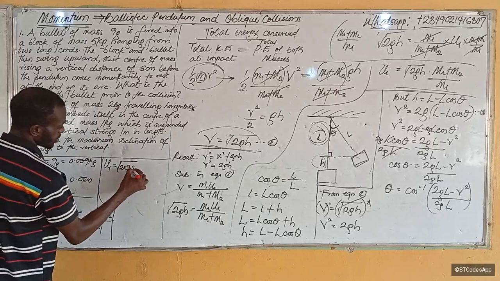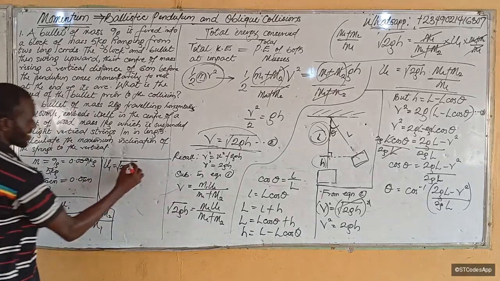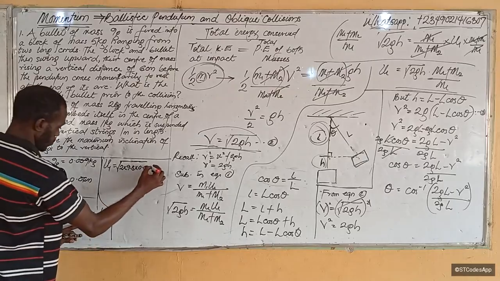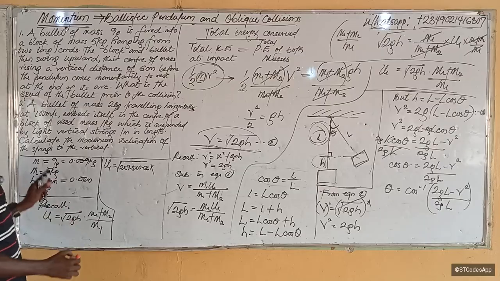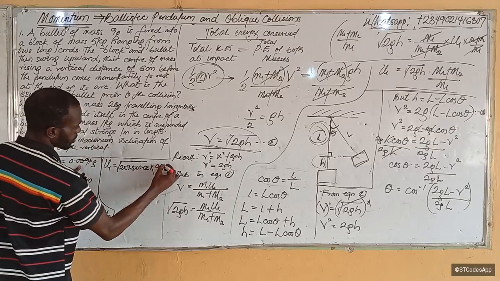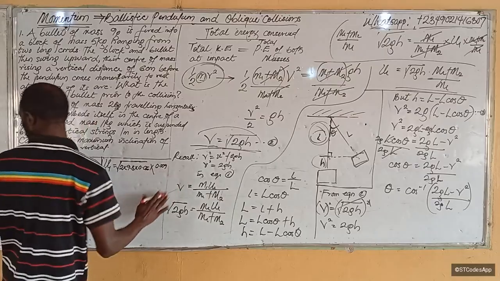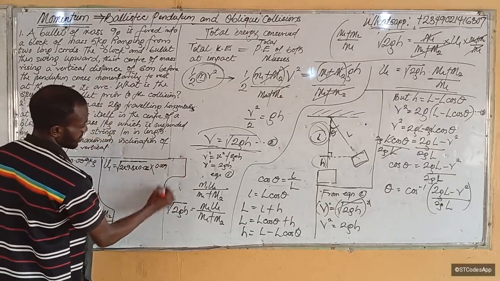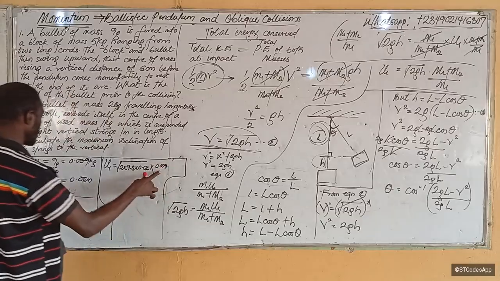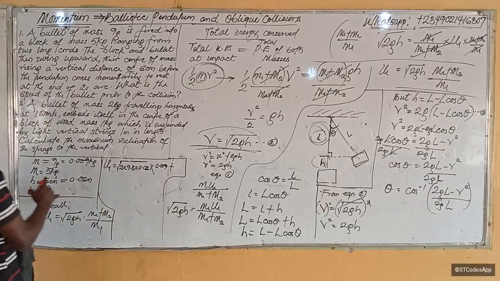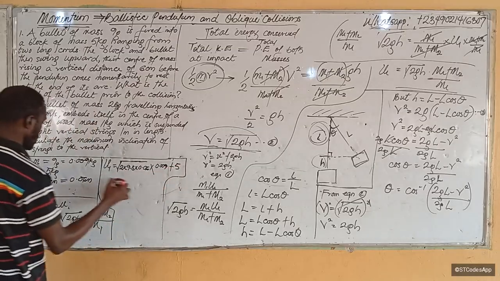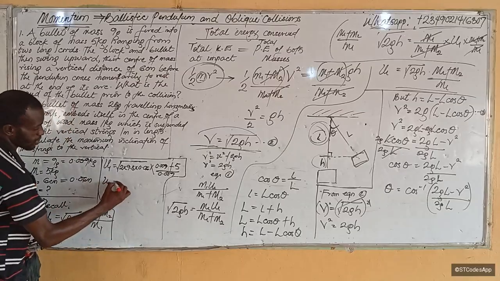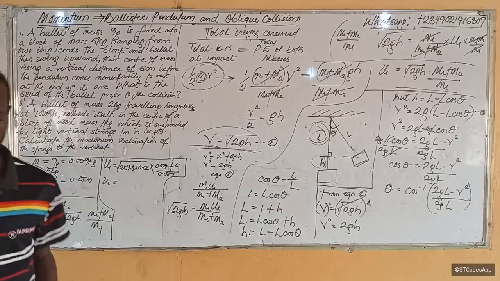Let's use 9.8, times H, 0.06, then multiplied by M1, the small mass, 0.009, plus M2, that is 5 kg, divided by M1, which is 0.009. So U1 is equal to the square root of all of this.